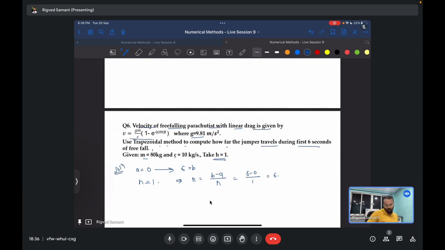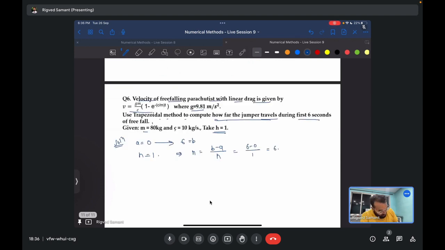So what value do you want? You want to find how far the jumper traveled, so you have to find the distance. We know velocity is distance upon time, therefore distance is velocity into time, and that is nothing but the area under the curve.